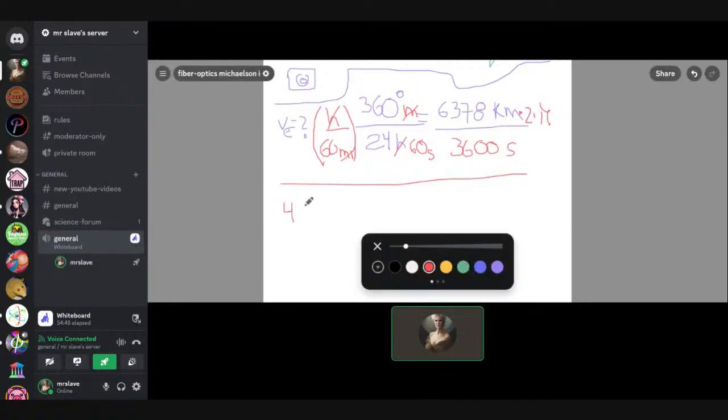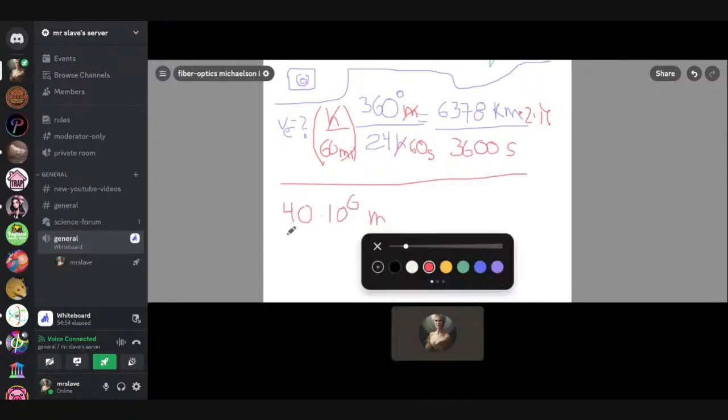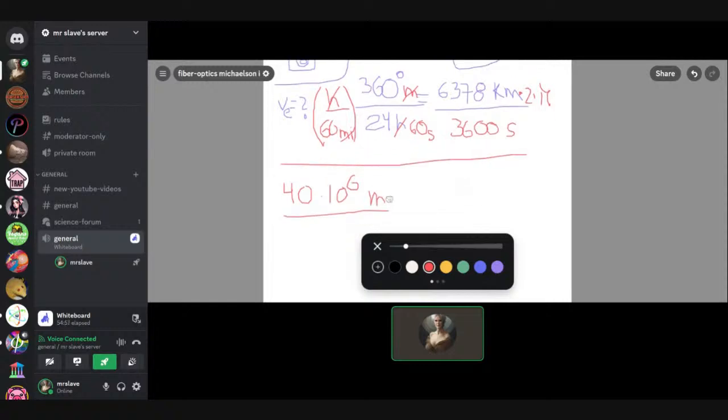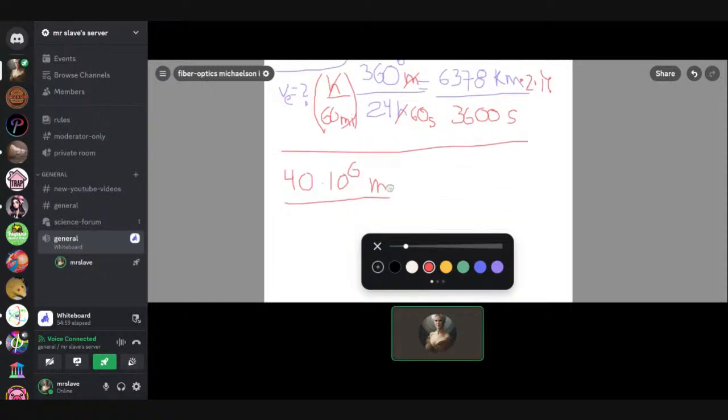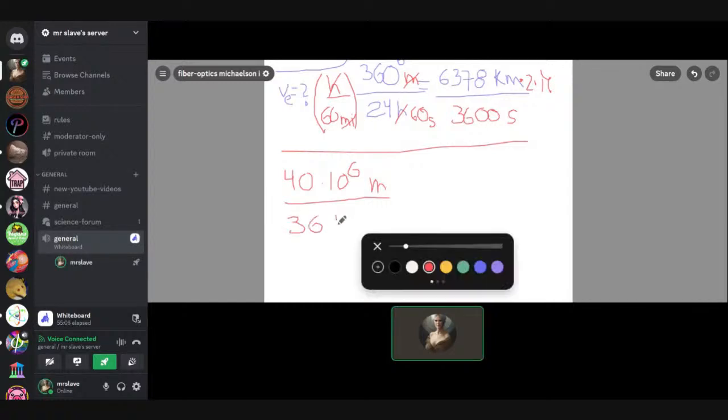So it's 40 times 10 to the 6 meters divided by 3,600. Well, it's divided by 36 times 10 squared, 3,600.